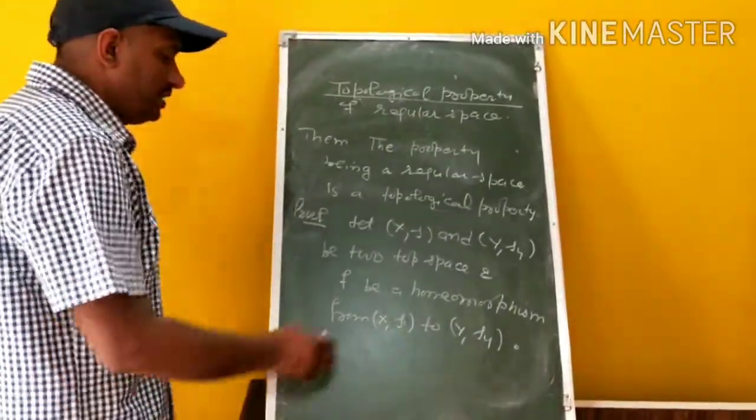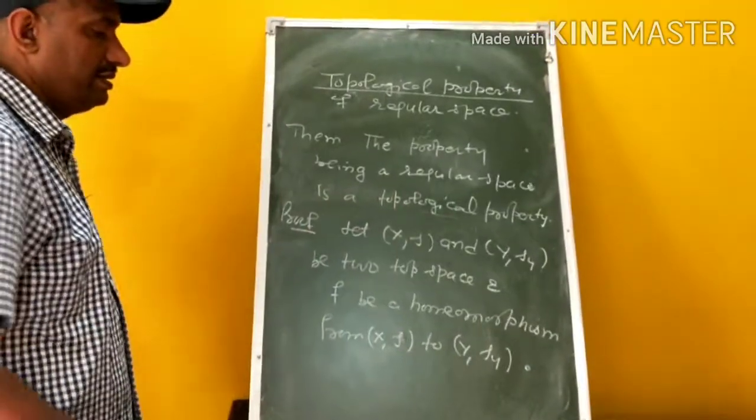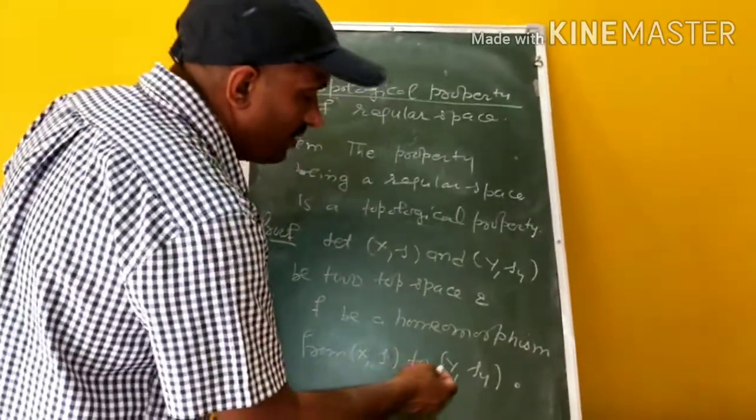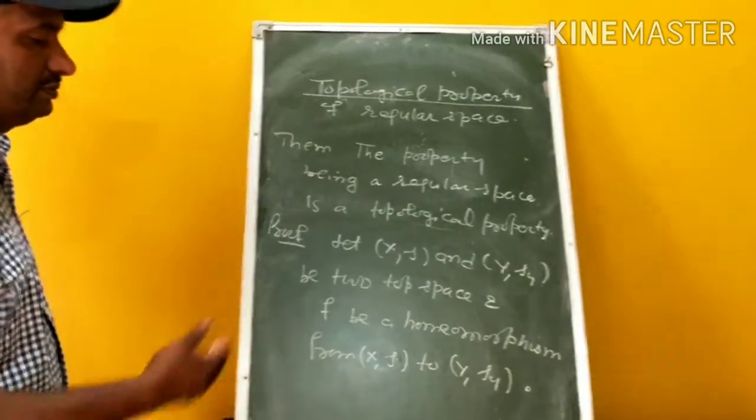Now we show if (X, T) is a regular space, then its homeomorphic image (Y, T') is also regular.